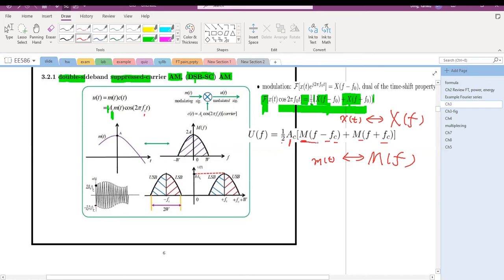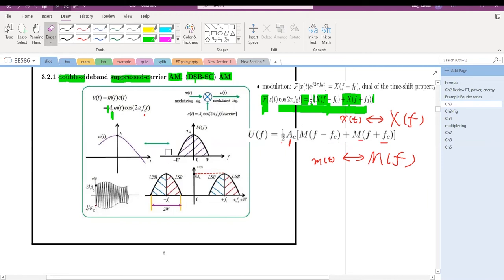Now you can see the spectrum of the message is moved up to f_c, up to the carrier. So if the carrier is in the gigahertz, then the message is modulated to this gigahertz band now. This is the purpose of modulation. Once we've done that, the message is ready to transmit at the f_c frequency band.